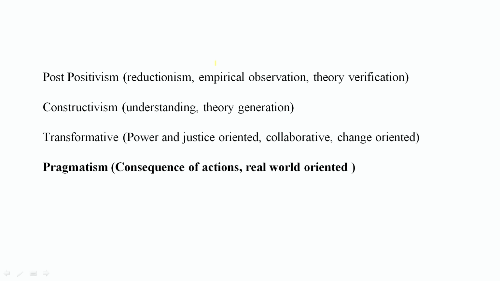In post-positivism, the researchers emphasize reductionism as the principle, and the observation should be empirical in nature and verify the theory. In constructivism, that we widely use in qualitative research, the aim is understanding the realities and generating theory. Then the next worldview is transformative.